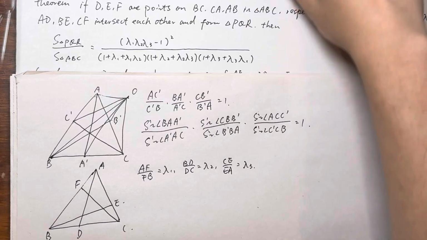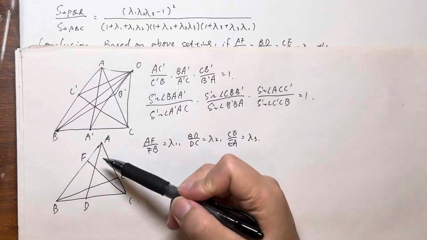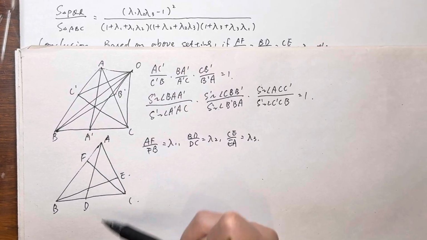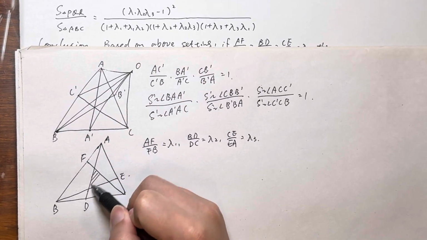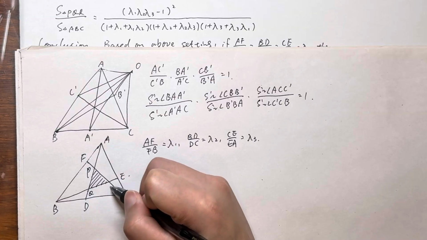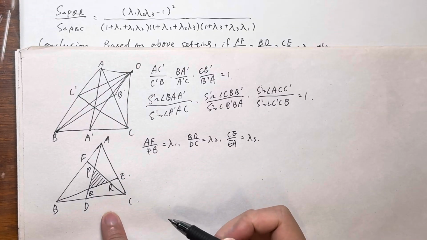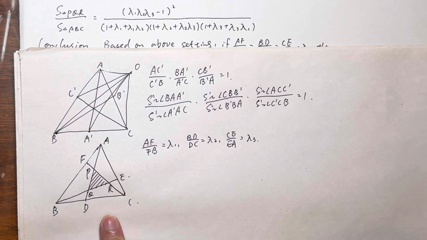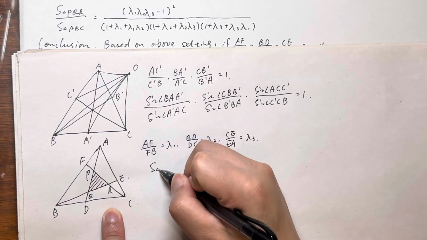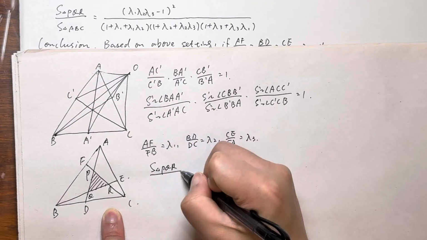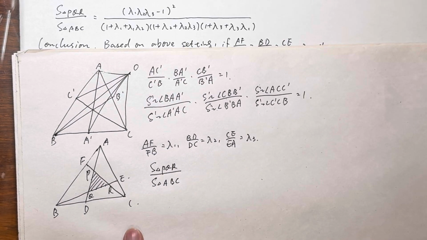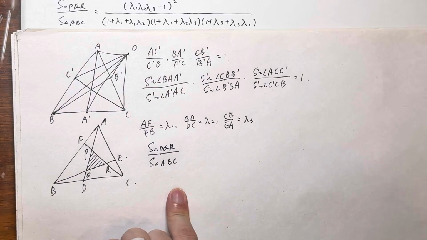And we know that these three segments AD, BE, CF form a triangle, which we call triangle PQR. Then we want to calculate the area ratio of the triangle PQR to the area of triangle ABC. Right, we want to do this.